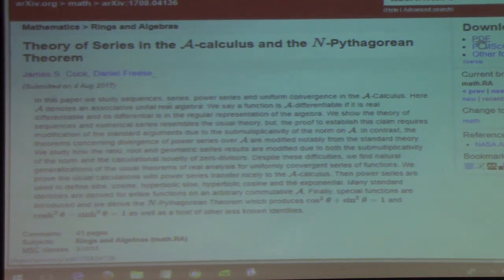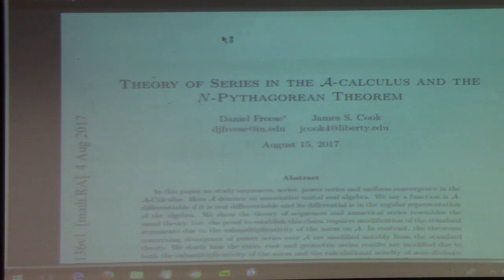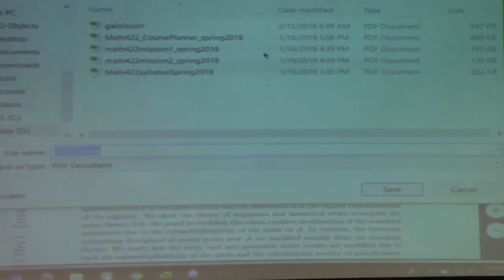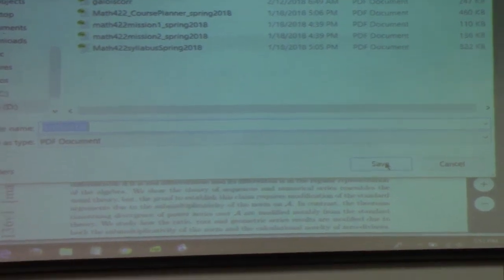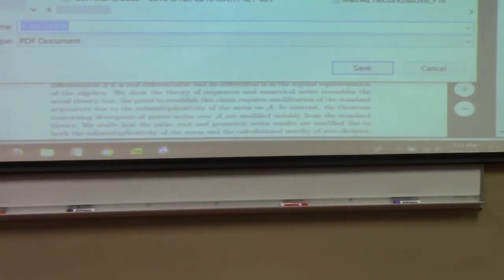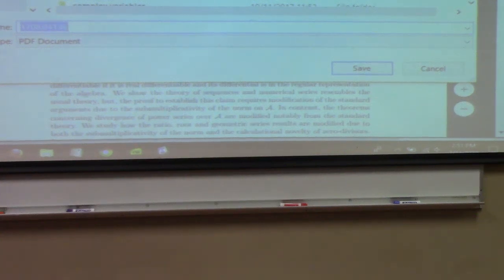The last section in here, I split off, and I'm submitting it to the so-called Pi Mu Epsilon journal.